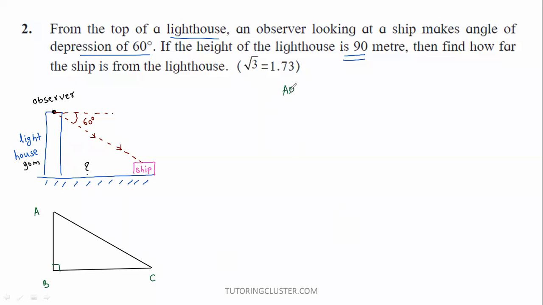AB represents the lighthouse. Where is the observer? At point A. Point C represents the ship.